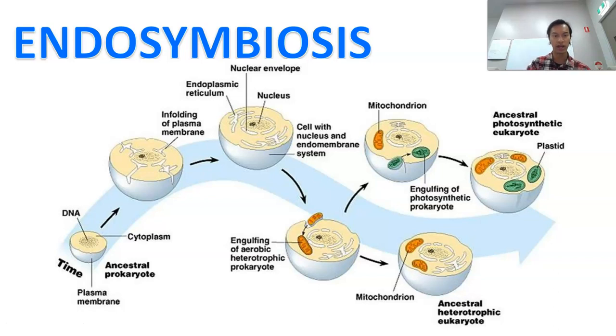Here is a diagram of kind of how that happens. So, a very long time ago, along comes a cell, creates these little folds in the plasma membrane, becomes more complex, and then at some point, it eats the mitochondrial bacteria, and then it keeps it around, right? And this is kind of the precursor to the ancestral animal, heterotrophic organisms like animals.